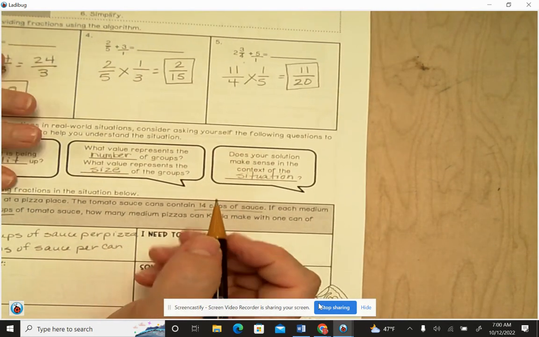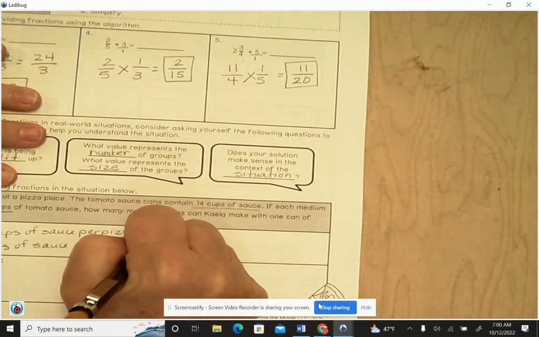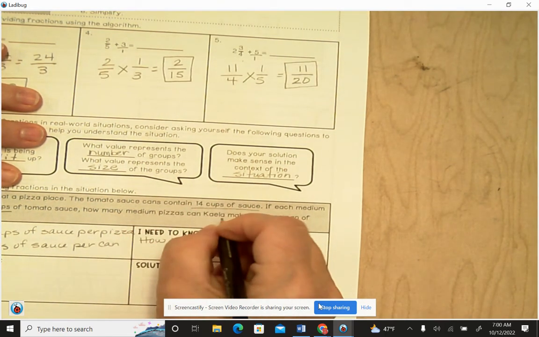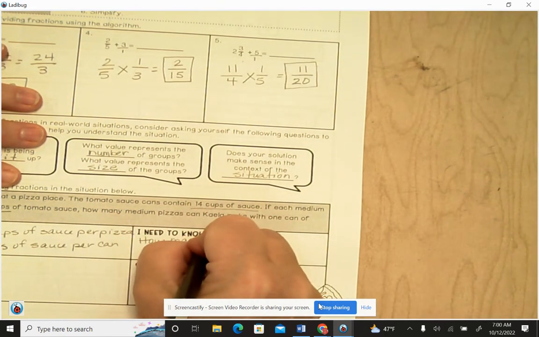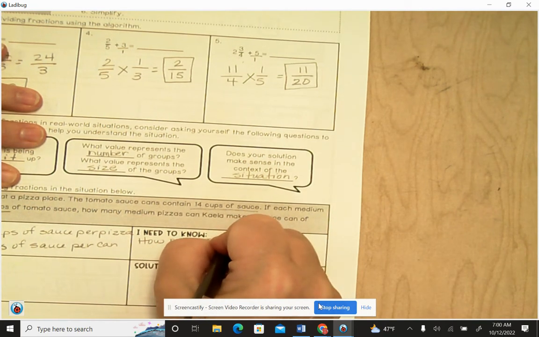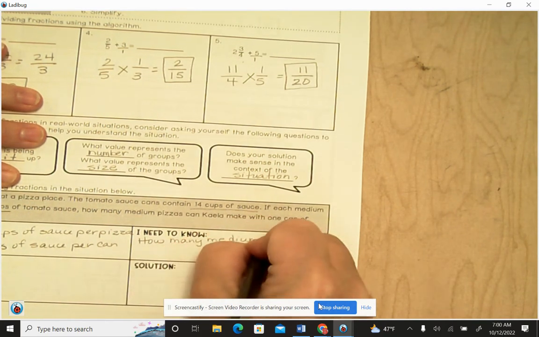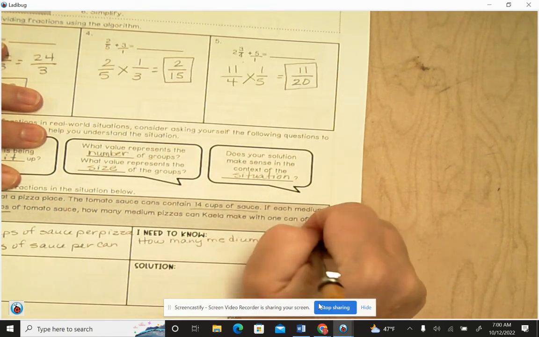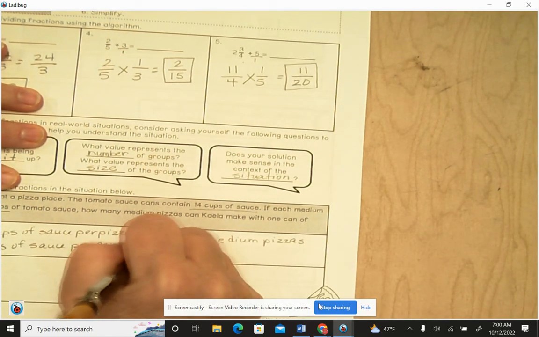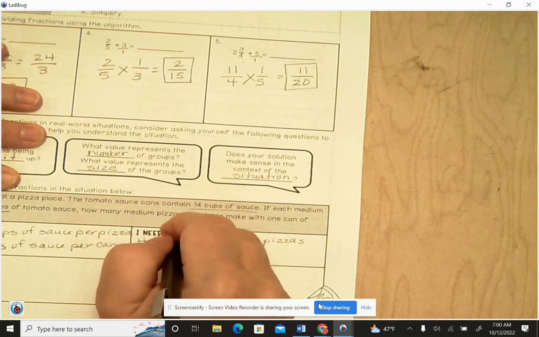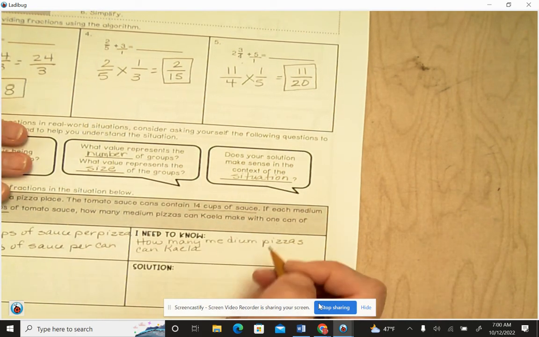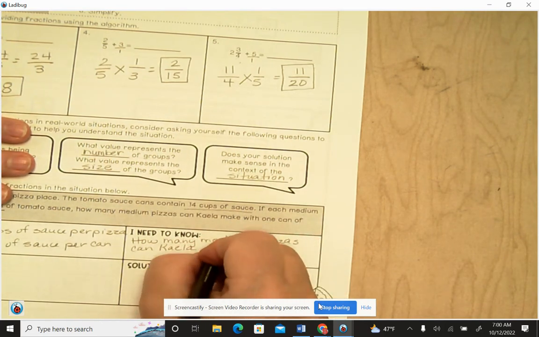So what we want to know is how many medium pizzas Kayla can make with 1 can of sauce.